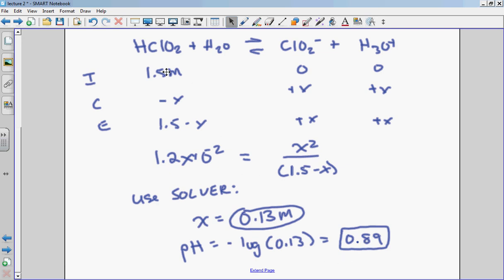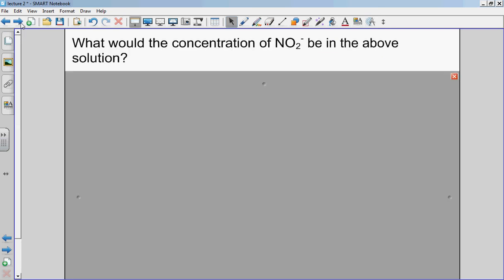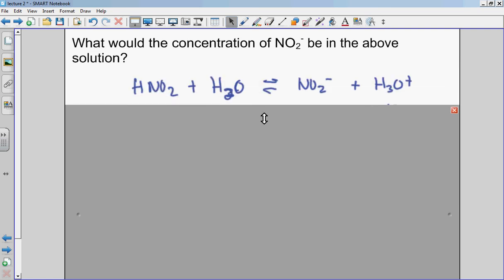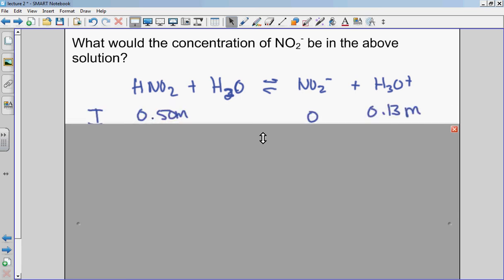Okay, but what if we want to then ask what will be the concentration of the nitrite ion in that above solution? In a sense, what has happened is that nitrite ion will come from the HNO2. However, the way we think about it is the HClO2 comes to equilibrium kind of first.